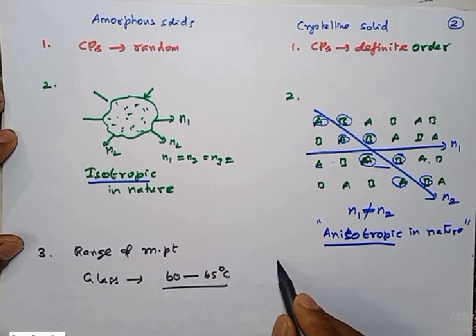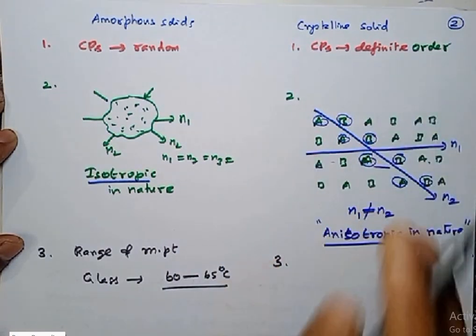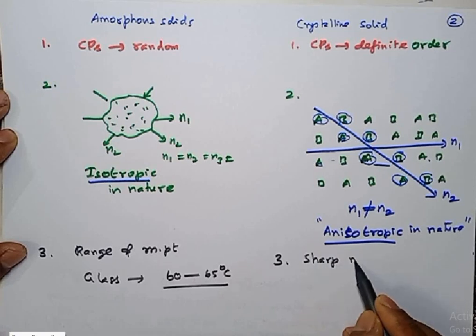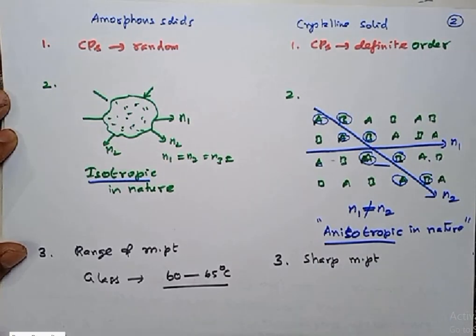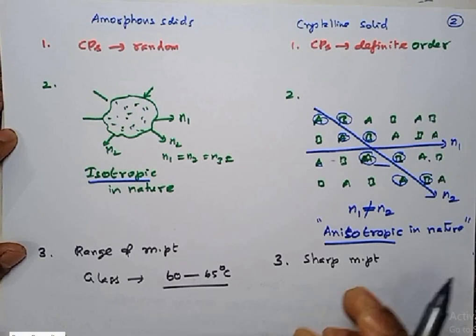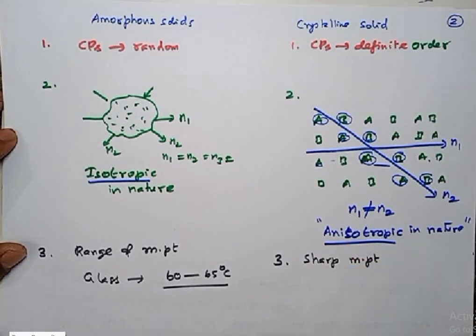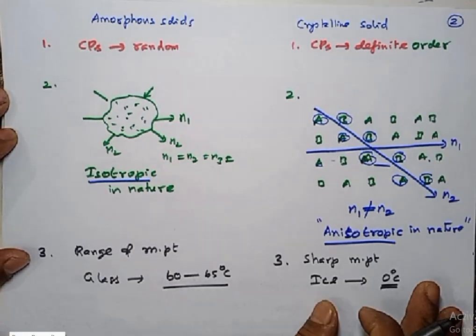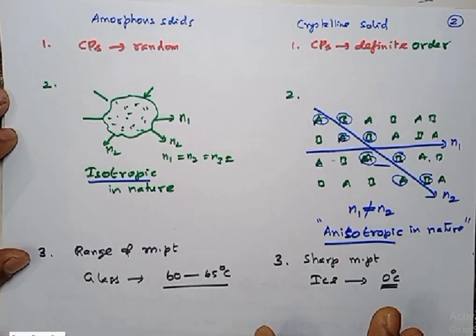Whereas crystalline solids have a sharp melting point. Each and every crystalline solid has a sharp melting point. For example, ice is a crystal. At what temperature will it melt? Exactly at 0 degrees Celsius. It is also pressure dependent, but don't worry about that.